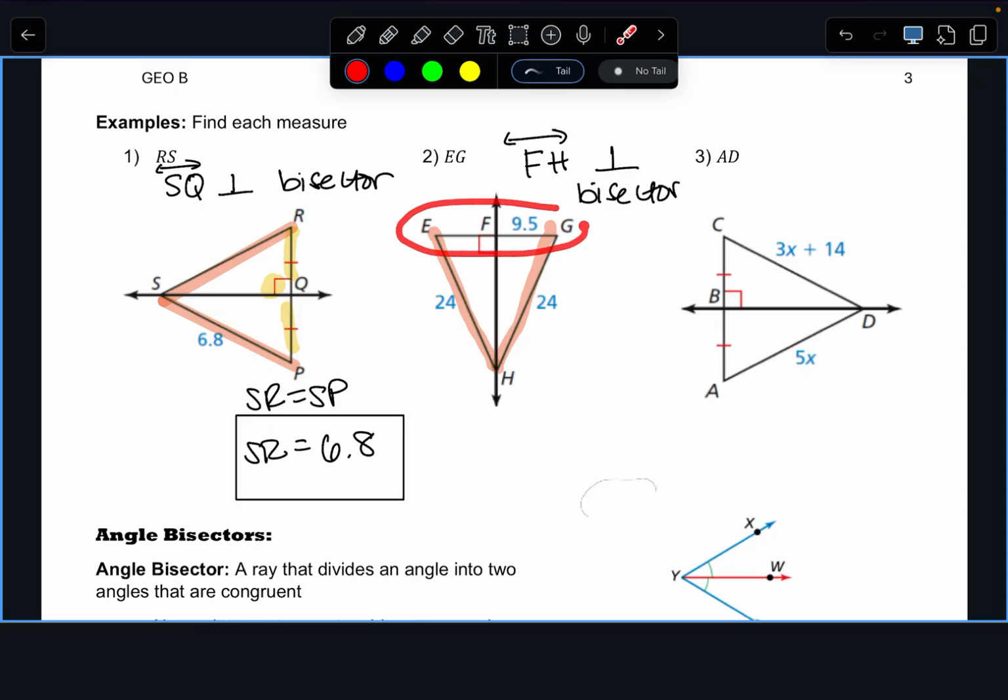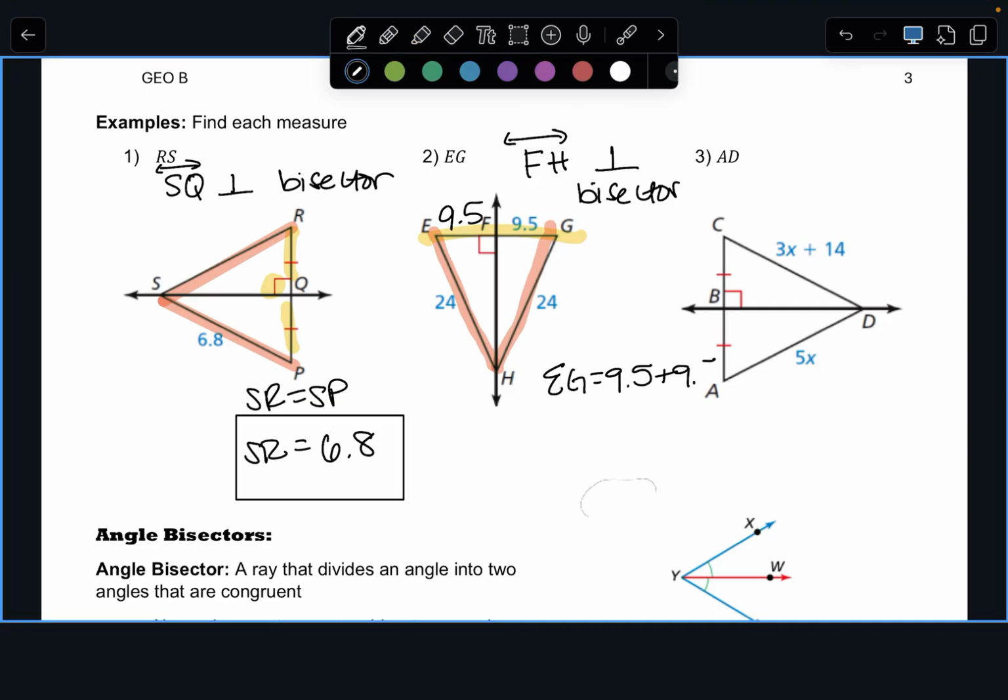So this segment is going to be bisected. Half of it's 9.5. What's the other half? 9.5. And then it says we have to find the whole thing, EG. How would I find EG? Add them together. 9.5 plus 9.5. We get 19.